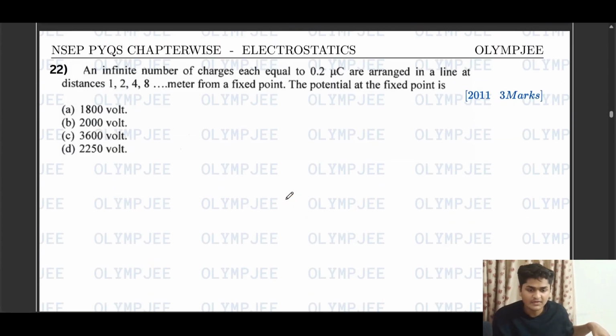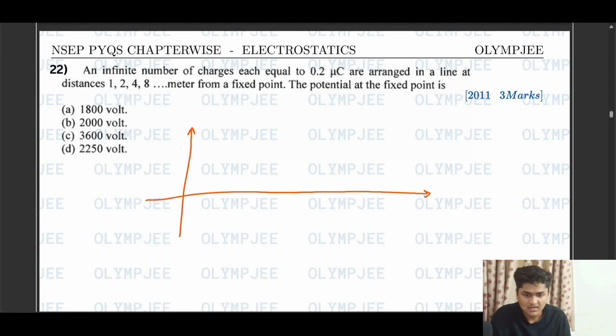So now moving on to question 22, we have an infinite number of charges equal to 0.2 mu c arranged in a line at distances of 1, 2, 4, 8 meters from a fixed point. The potential at the fixed point is, if we take the fixed point to be origin, then at 1 comma 0 we have 0.2 mu c, 2 comma 0, 4 comma 0.